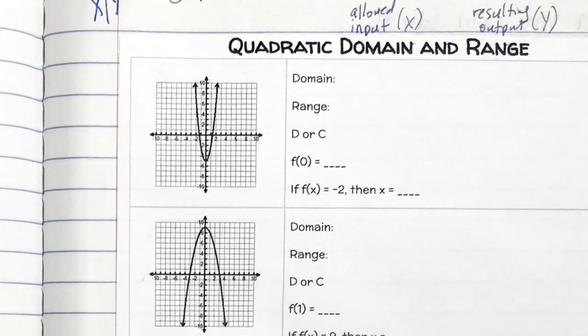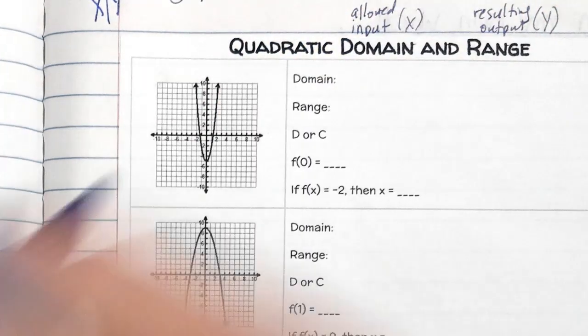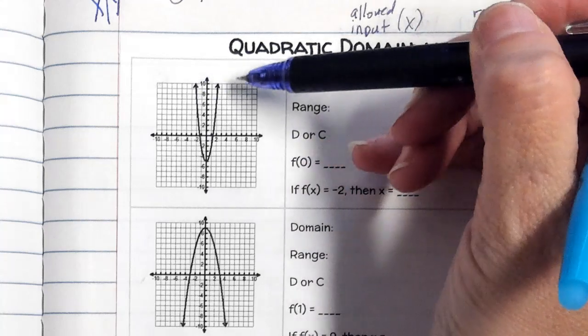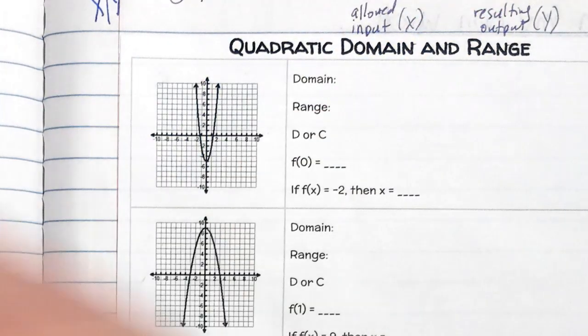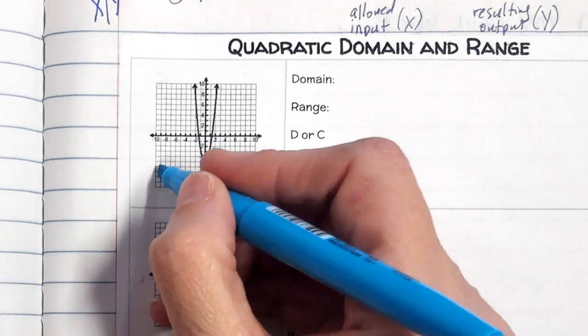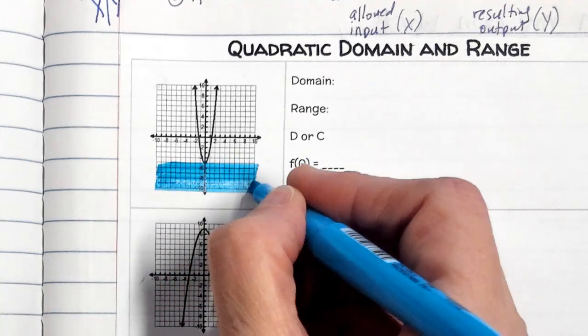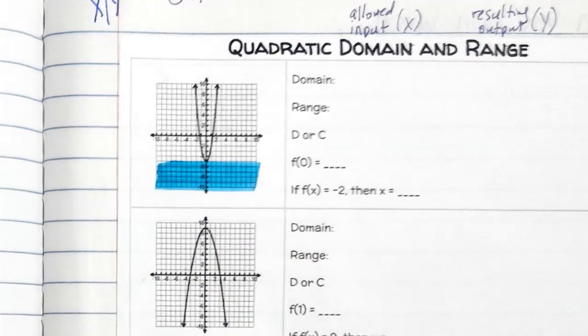I can't box here or there because those are arrows and I cannot box out an arrow. But down here, I don't see an arrow and I don't see a bubble, so I can actually box all of that right there. So I'm boxing all of that out, meaning those are not values that I'm going to be using.